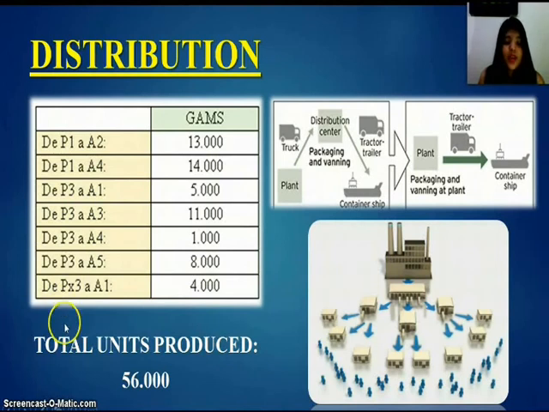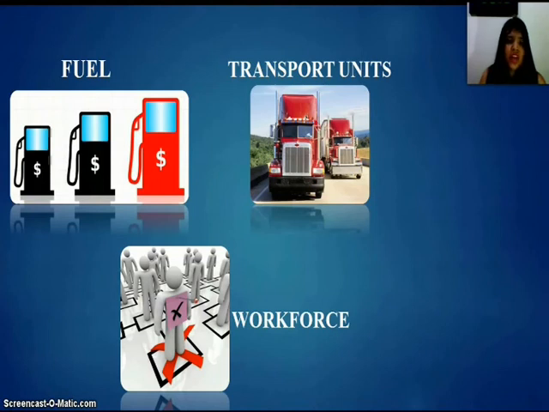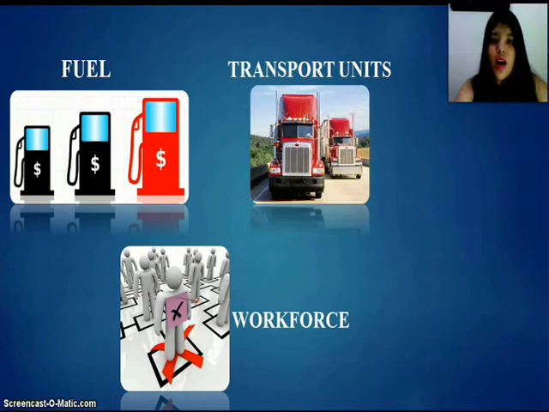The total units produced will be 56,000. This gives more benefits to the company in other costs like fuel, workforce, or personnel hired as well as transport units. Also, it's important to remember that before making a choice, a hard study of all alternatives has to be made.